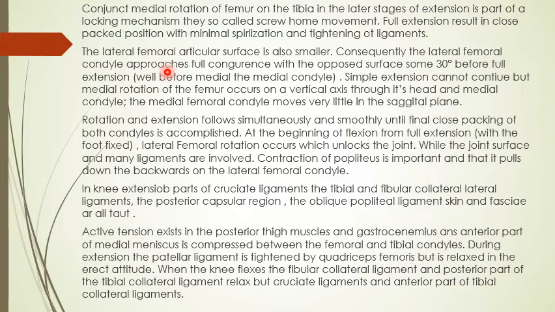If it is on the ground, it does not permit the femur to move backward, or the tibia to move forward. That is prevented by this. So at 30 degrees there is no further backward gliding of the femur. The lateral condyle fits, but the medial condyle will not fit.